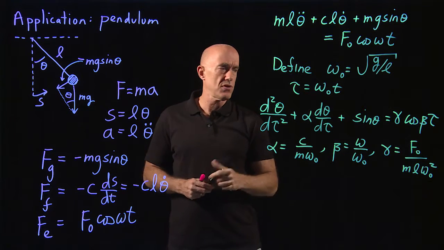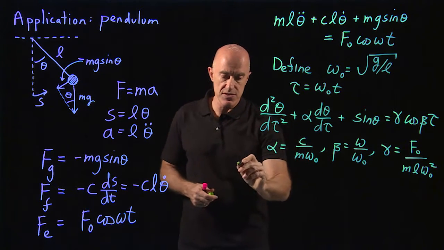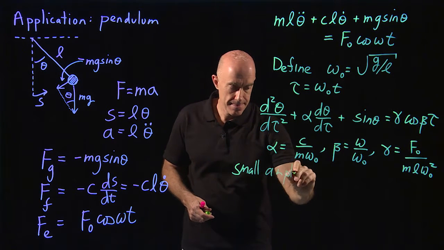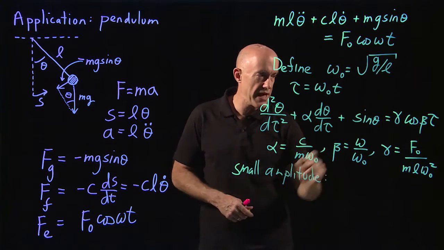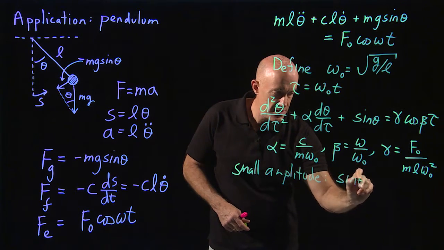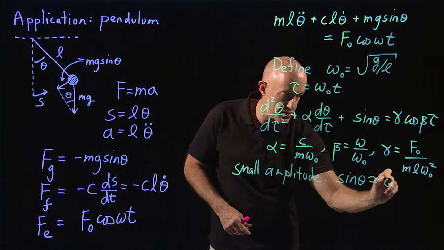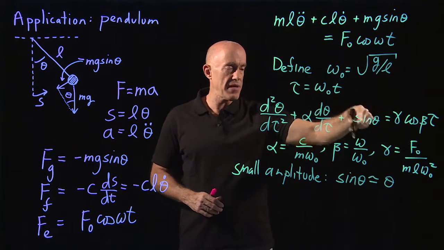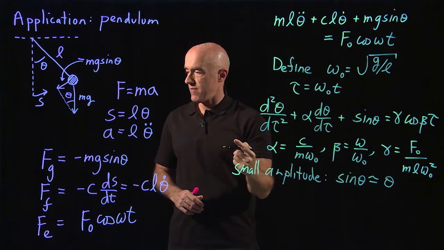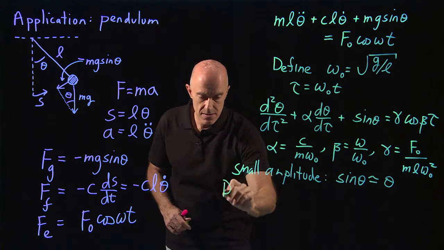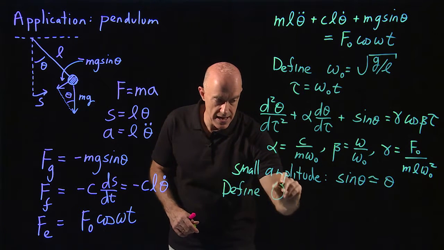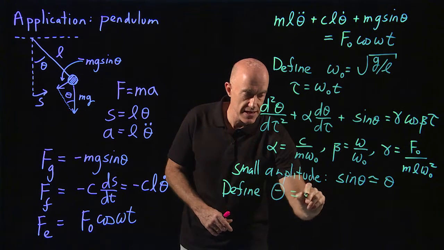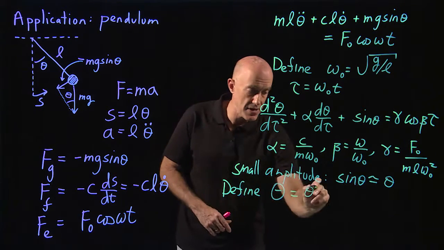But for small amplitude, we can linearize. So if we assume small amplitude, so we make the approximation that sine theta is approximately equal to theta, then we can replace sine theta by theta, and we can scale theta at that point. We can define a new theta, capital Theta, which is theta scaled by gamma.